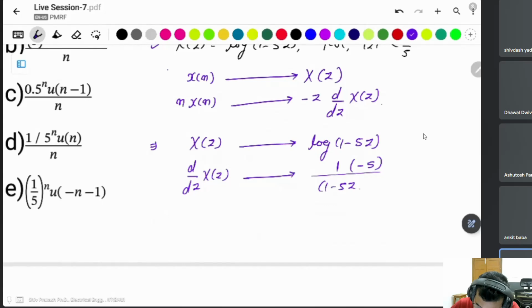Then multiply by minus z on both sides, so minus z dX/dz will be 5z divided by (1 - 5z).